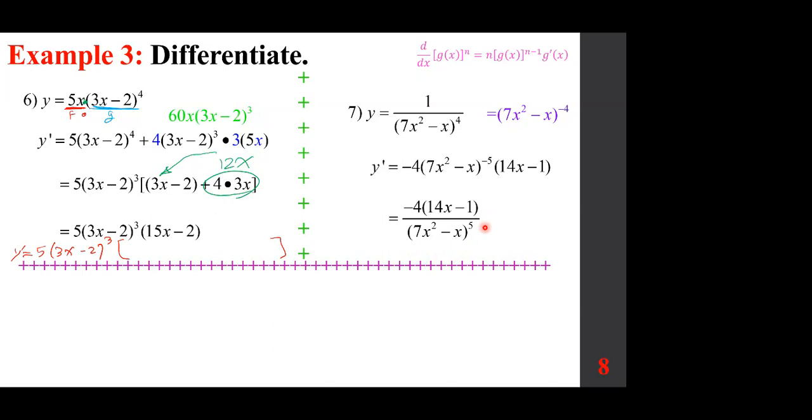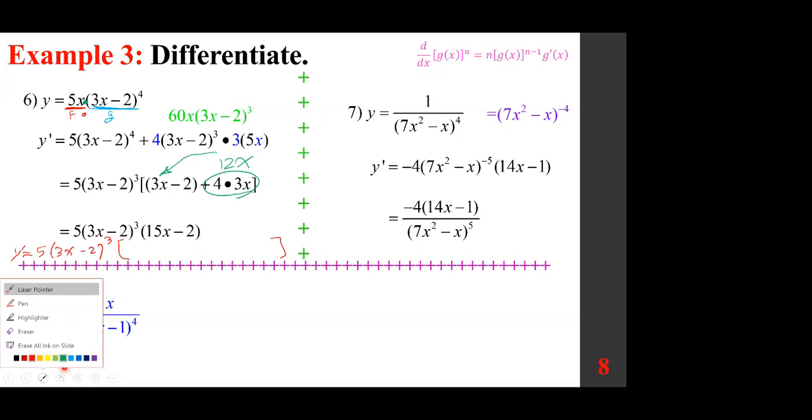Now, here's the next one. This is a combination of chain rule and a quotient rule where the numerator is x and the denominator is 2x minus 1 to the power of 4.